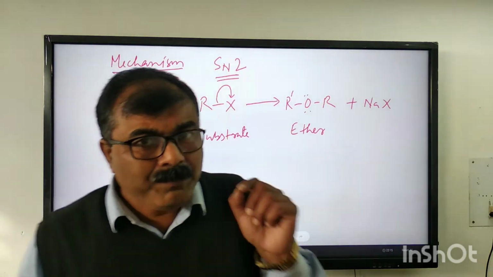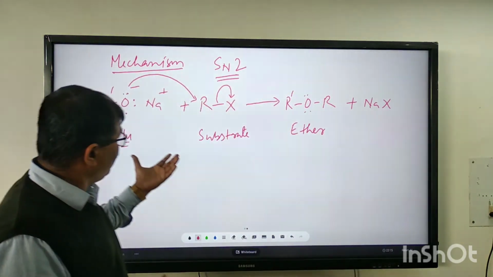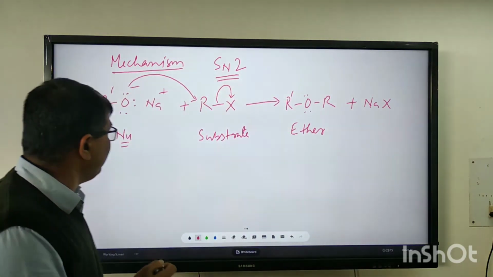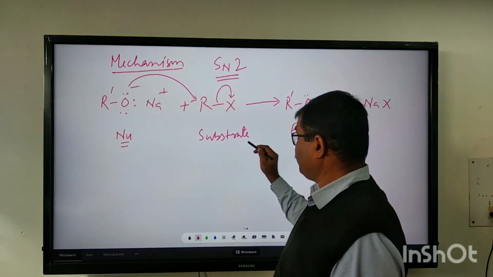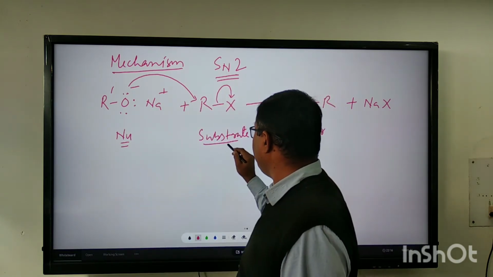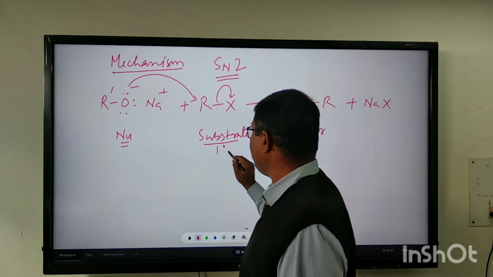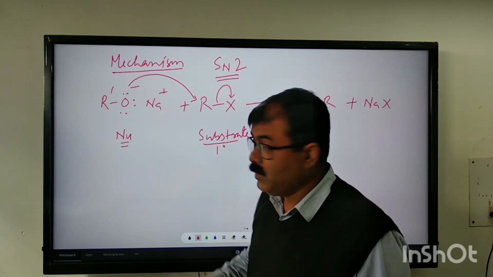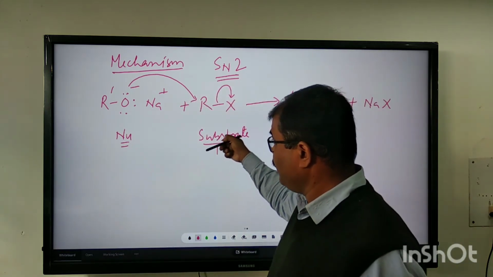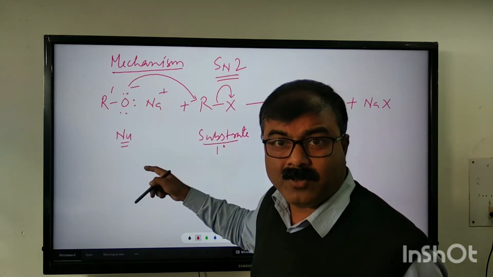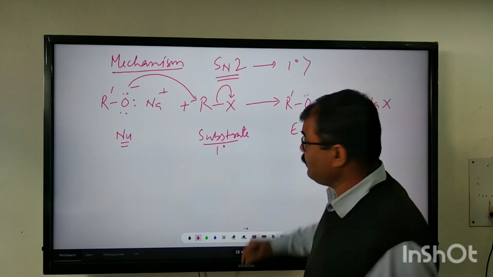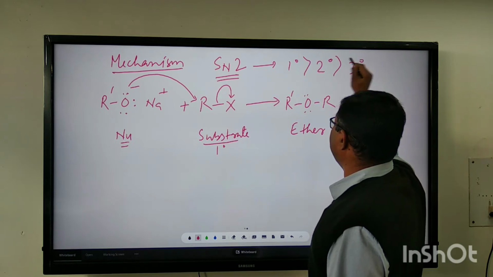So my dear student, one very important aspect of this particular reaction we'll now discuss. For this reaction, this substrate, that is alkyl halide, must be 1 degree alkyl halide, that is primary alkyl halide. Why should it be primary alkyl halide? Because as we know, this reaction involves SN2 mechanism, and in SN2 mechanism 1 degree alkyl halide is more reactive than 2 degree, than 3 degree.